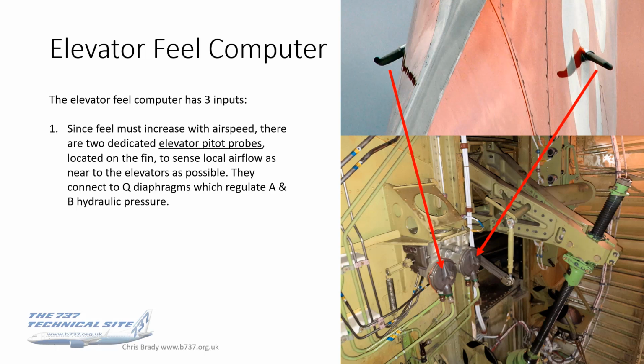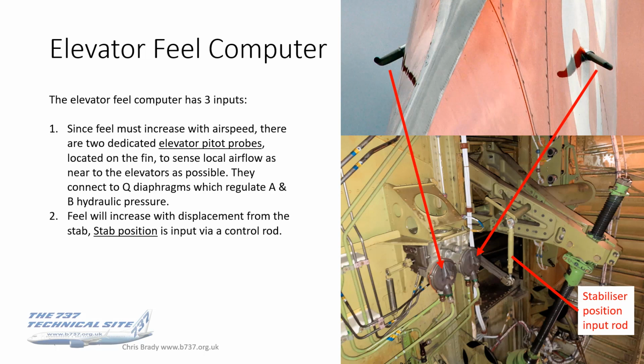It's put two dedicated elevator pitot probes up there on the fin to sense local airflow, because they're as near to the elevators as they can be without interfering with them. They connect to Q diaphragms, which you can see down there on the computer, and they regulate the A and B hydraulic pressure. Okay, so far so good.